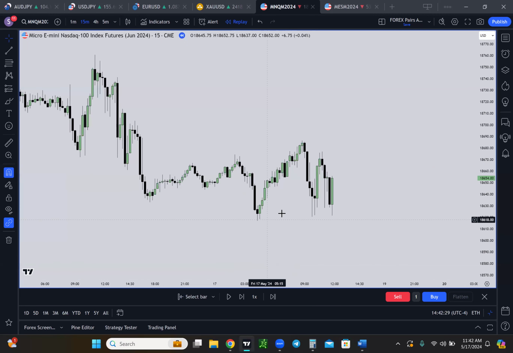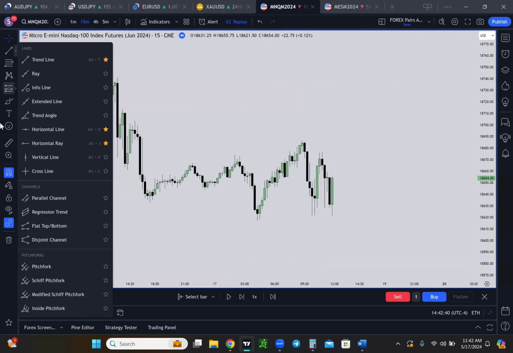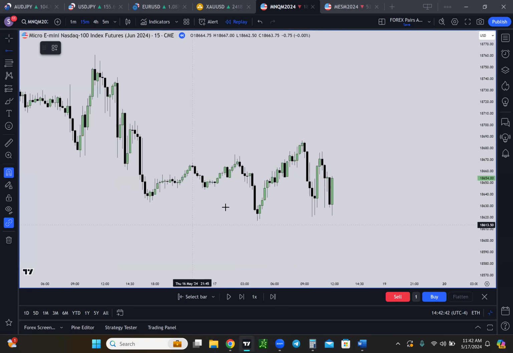I don't have a recent break to the downside. The recent break I have is to the upside here. So of this range, I have this low, this high. I'm actually going to look to take out that low right there. So that's what I'm going to wait for on my medium time frame.